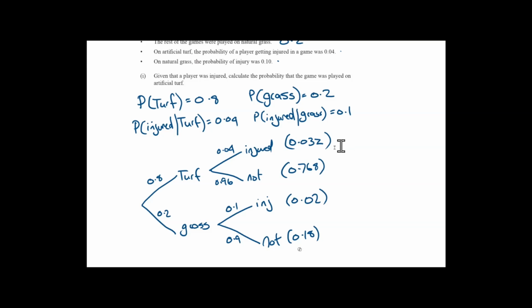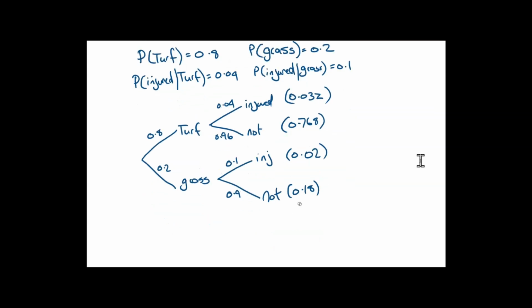We could say, okay, there's 1,000 people who played, times this by 1,000, times this by 1,000, divided by 1,000, and then we can work that out from there. That's a kind of rough-shot way, so I'm going to do the algebra. Actually, I'll do both ways and see how they work.